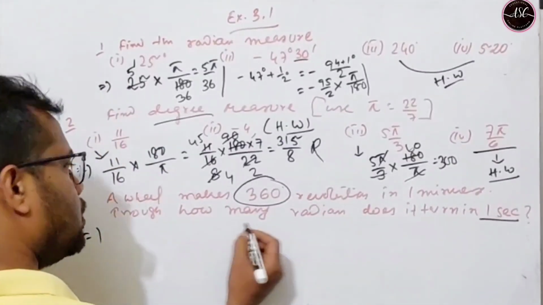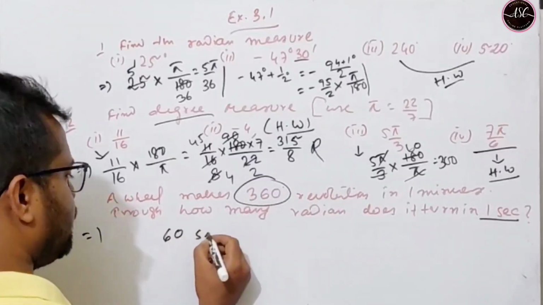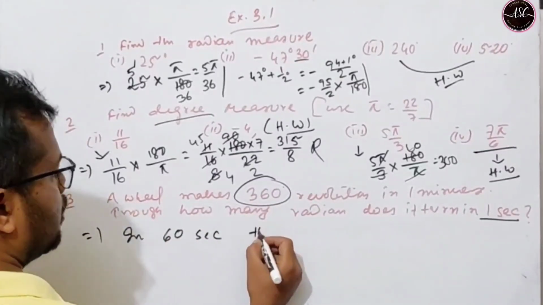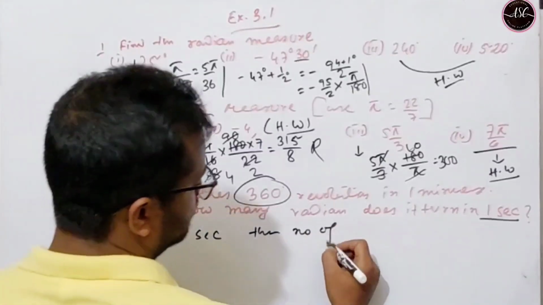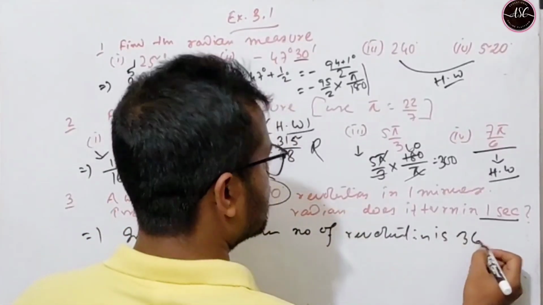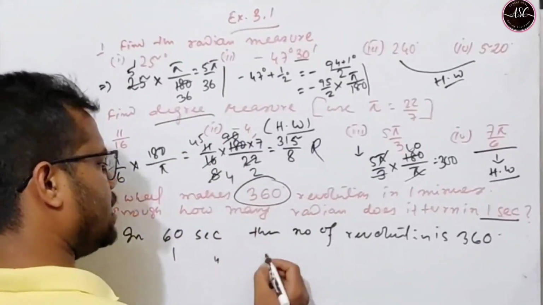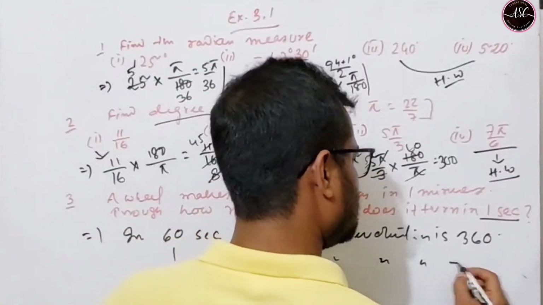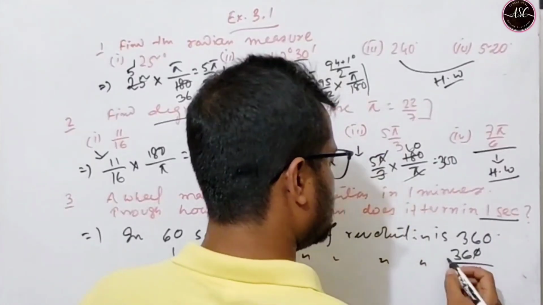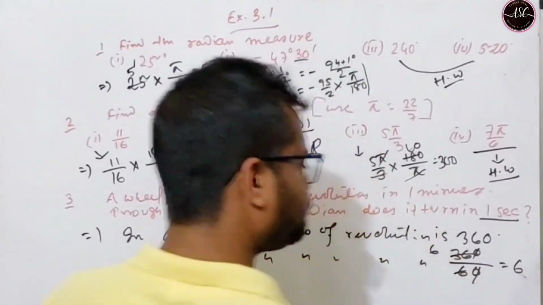So 1 minute means 60 seconds. In 60 seconds, the number of revolutions is 360. So in 1 second, the number of revolutions is 360 by 60. By cancelling this, we get 6.